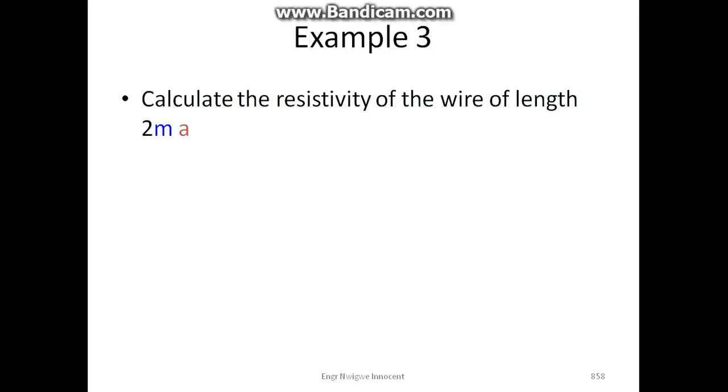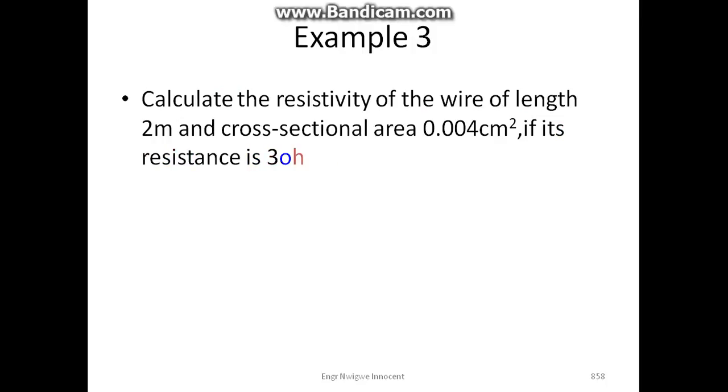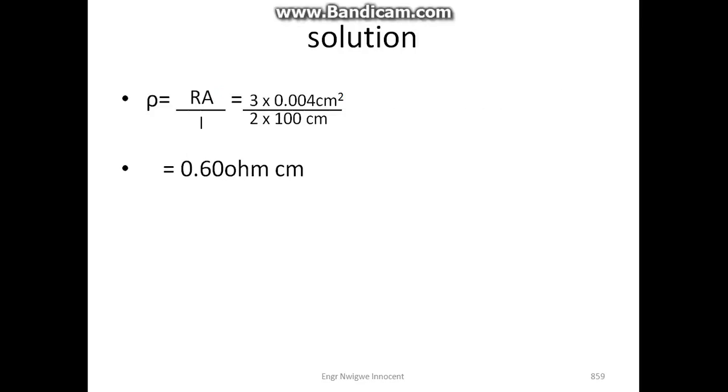Example 3. Calculate the resistivity of the wire of length 2 meters and a cross-sectional area 0.04 cm cubed if its resistance is 3 ohms. Solution.